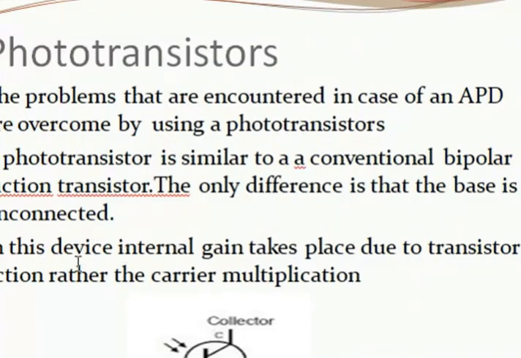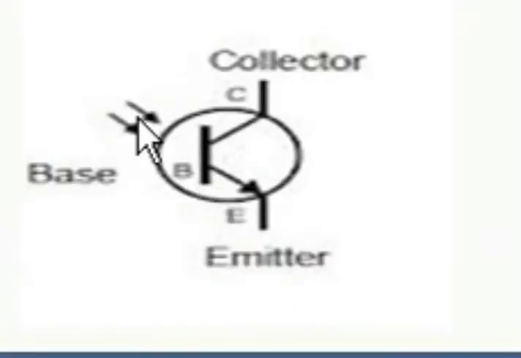In this device, the internal gain takes place due to transistor action rather than carrier multiplication. As you can see in this figure, the base terminal is left unconnected and open, unlike the conventional BJT, and the incident photon is made to fall on the base collector junction.